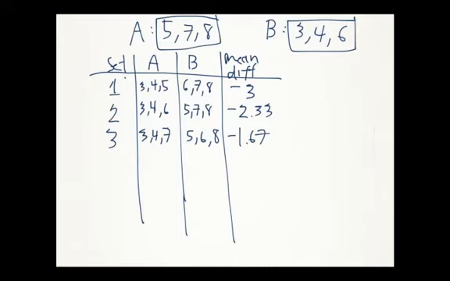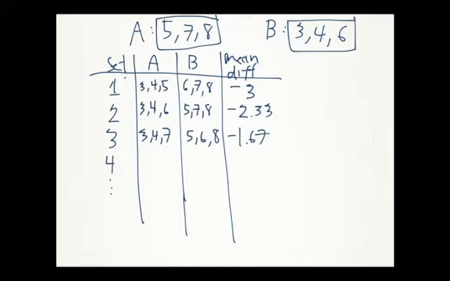Okay? And so on. We could just keep repeating this process all the way down. It turns out for this case where we have 6 different numbers, there are only 20 possible permutations, okay?